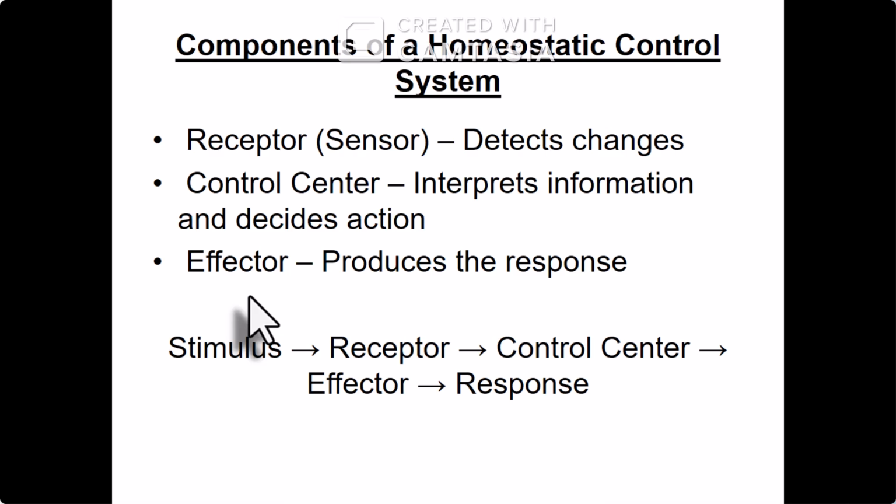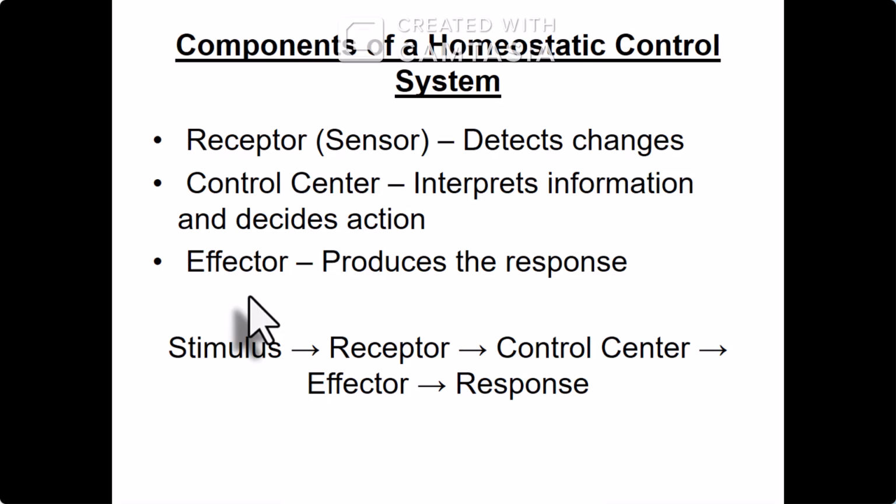Then the second point is the control center. So the control center receives the information; like receptors are detecting the changes, they send signals to the control center. So the control center receives the information from receptors, interprets it and decides what actions should be taken. An example here is the hypothalamus in the temperature regulation mechanism.